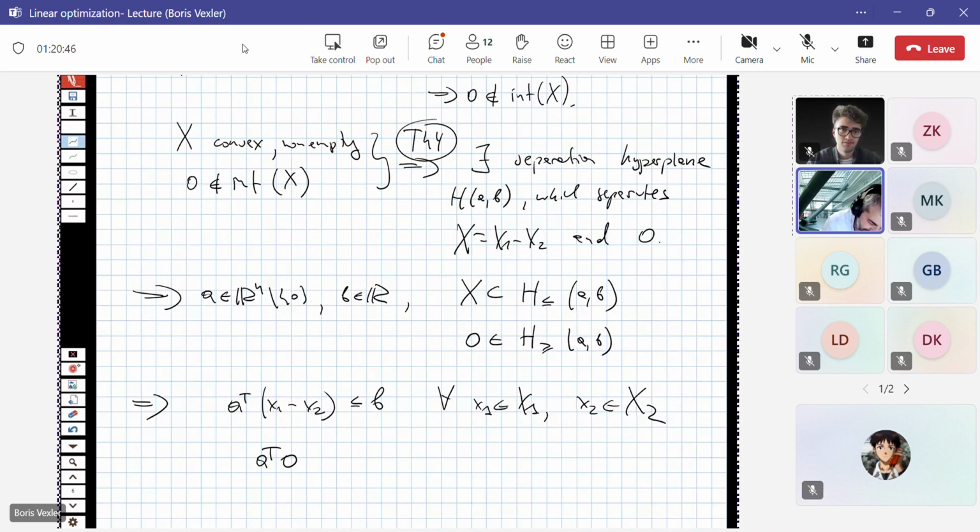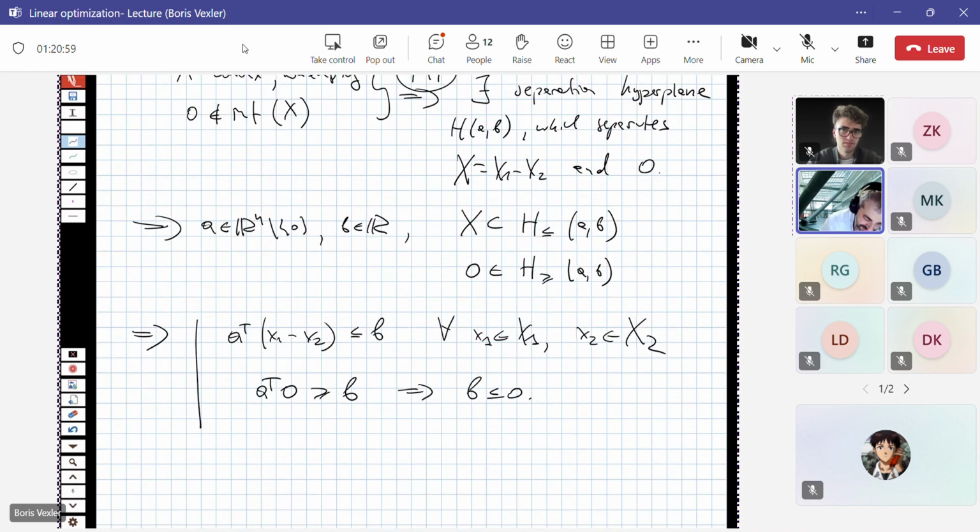Yes, our element is 0. A transposed 0 is larger or equal than B. Therefore, B is less or equal than 0. Okay, this is what we have. Do you agree? Is it clear?